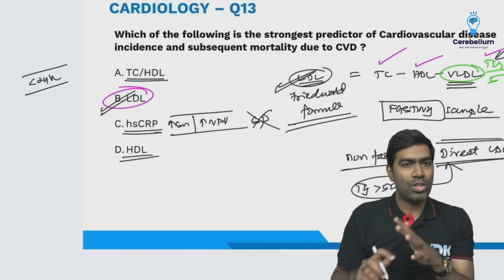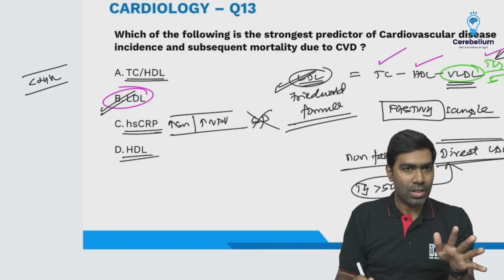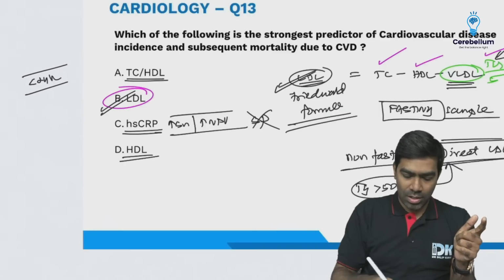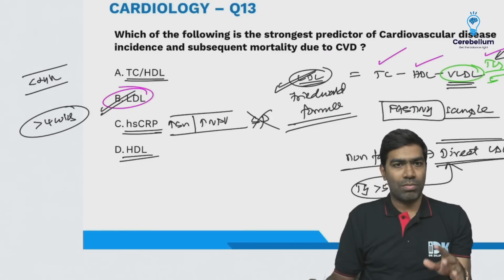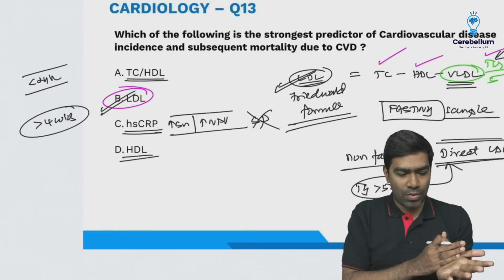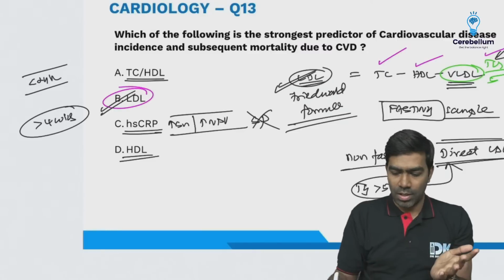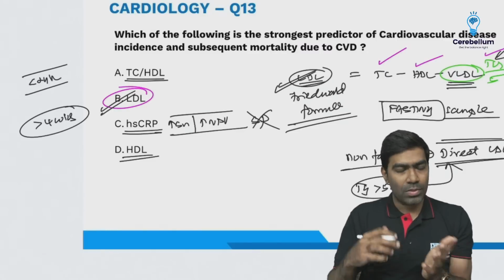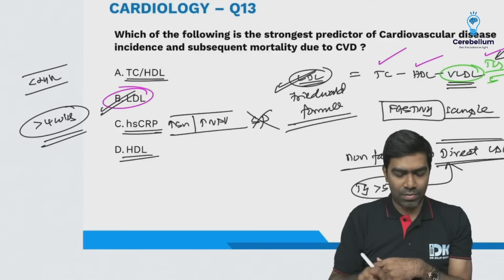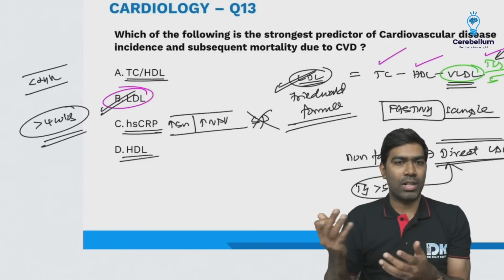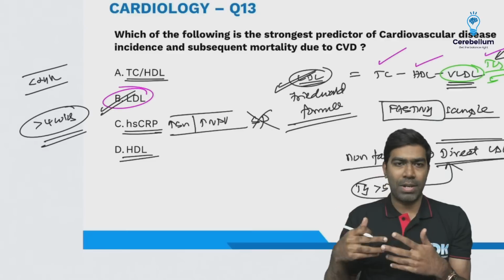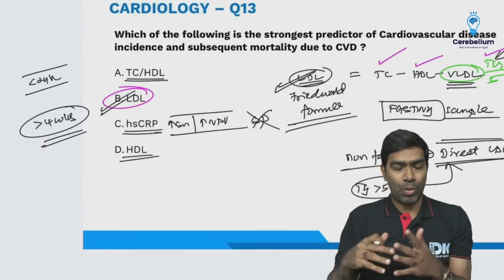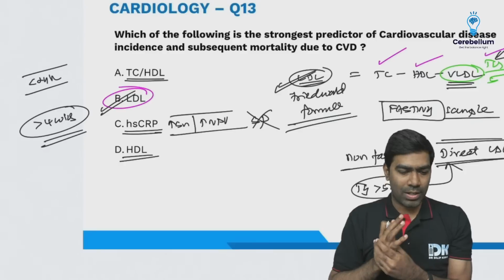That's the reason once you miss the initial 24 hours, you can do it only after 4 weeks, or maybe around 28 or 30 days. That time only the lipid profile will be accurate. But anyway, by that time many of the patients will have received statins and will have a low LDL only.